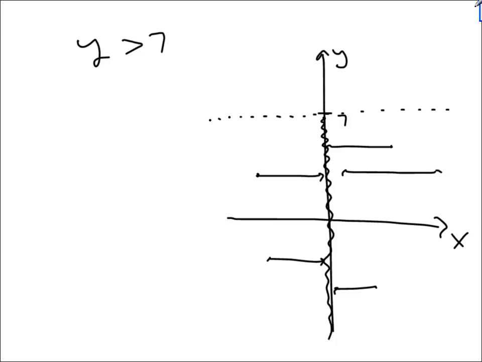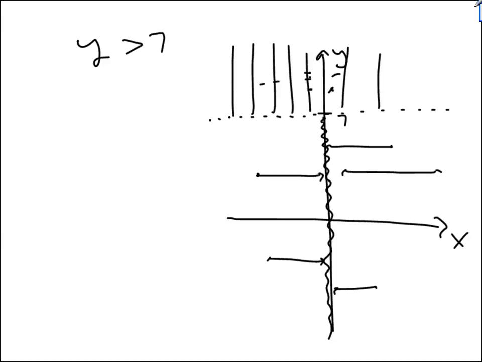And everything up here, the y values, they are above 7. Which means, here's the answer. These are all the points where y's are bigger than 7.